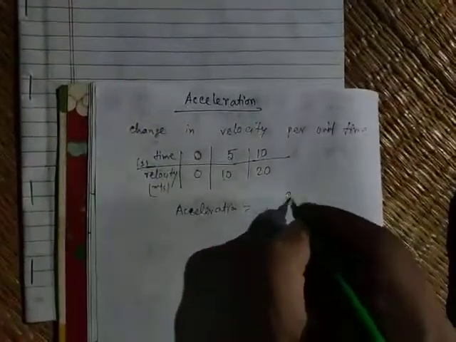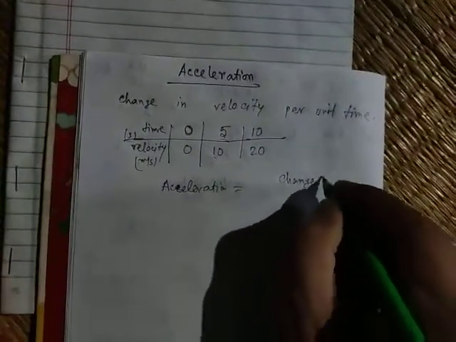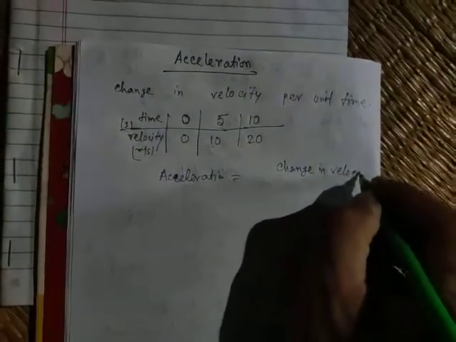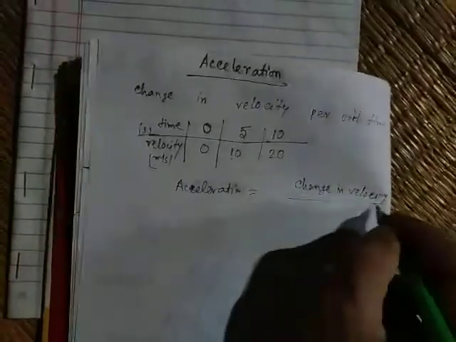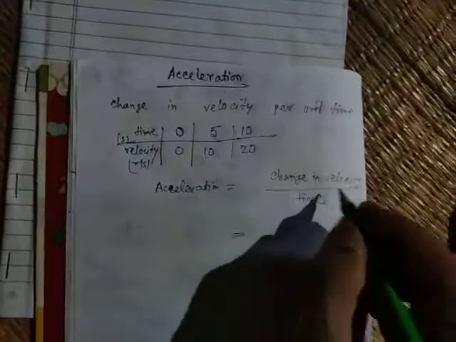Per unit time means we have to divide by the total time. So acceleration is equal to change in velocity upon time.